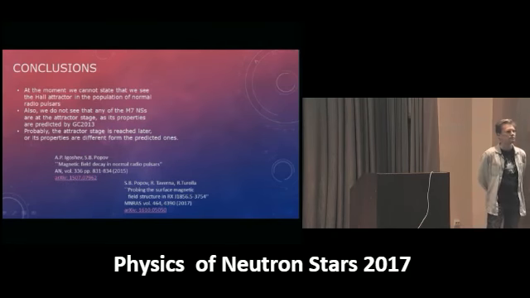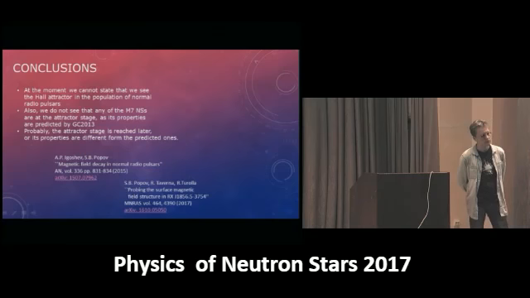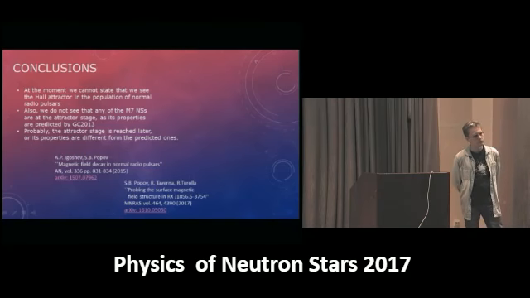Just a general comment, not really about Sergey's talk: if you want to take some parameter as a unifying factor, there is the possibility, as I've been saying, that there's angular momentum in fallback material, fallback disks, which can explain why AXPs and SGRs, as well as the others, have the same kinds of periods.